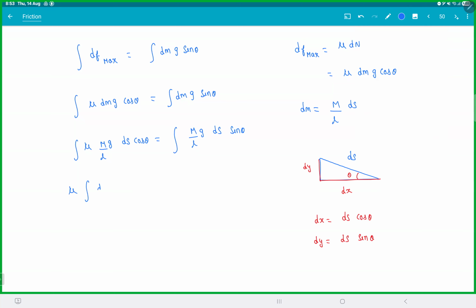This will be integral ds cos theta is equal to integral ds sine theta. I don't know ds, I don't know theta, but I know what is integral ds cos theta, integral dx. This will be integral dy. X ka coordinate goes from 0 to L and y ka coordinate goes from 0 to h. This will be mu into L is equal to h. Mu is equal to h by L.